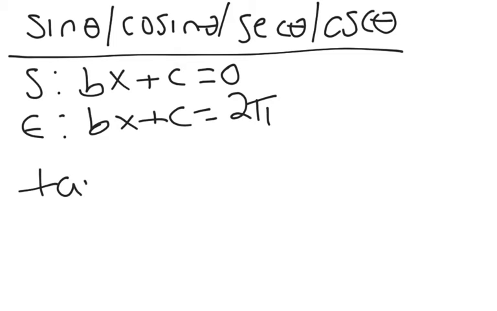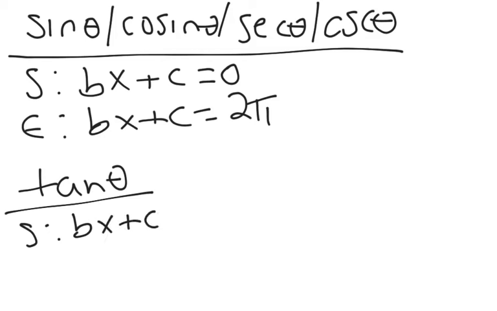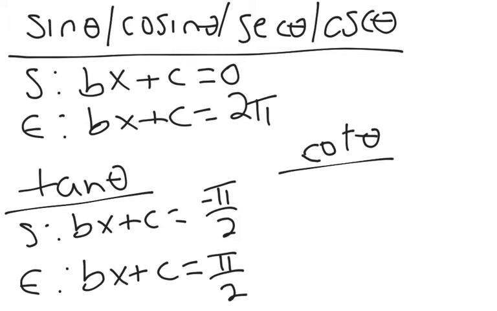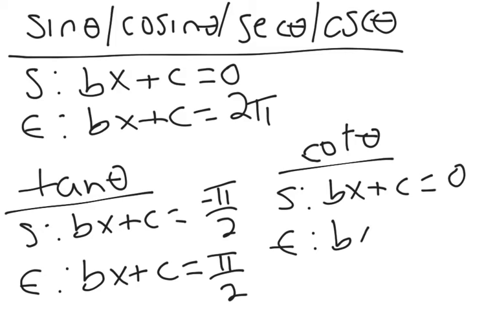For tangent, your start point is going to be bx plus c equals negative pi over 2, and for the end, it's going to be bx plus c equals a positive pi over 2. And then for cotangent, for your start, bx plus c equals 0, and an endpoint of bx plus c equals pi. So that would be like your cheat sheet.